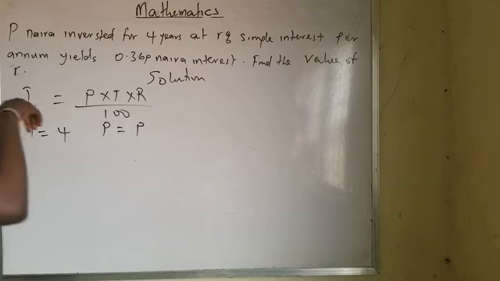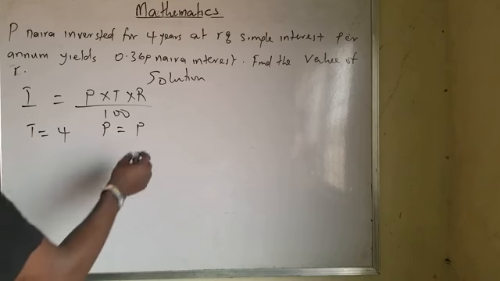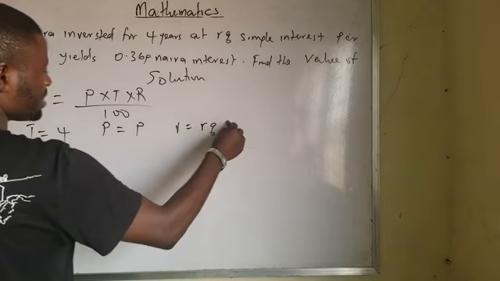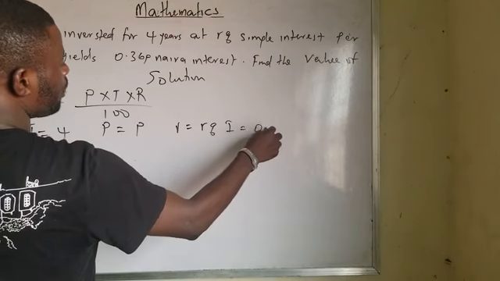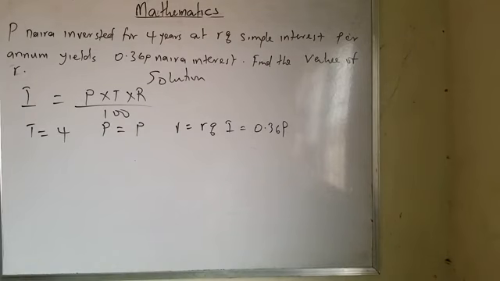That is the amount. And the rate, you don't know the rate. The rate is R%. And the interest himself equals 0.36 P naira. That is the interest.